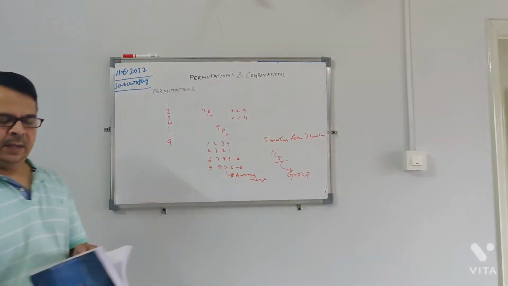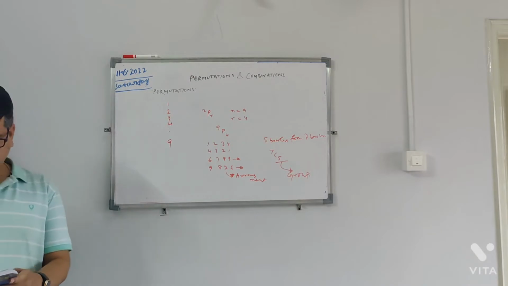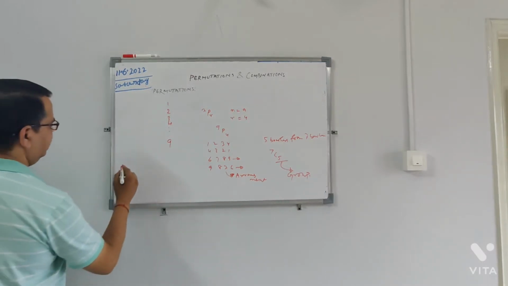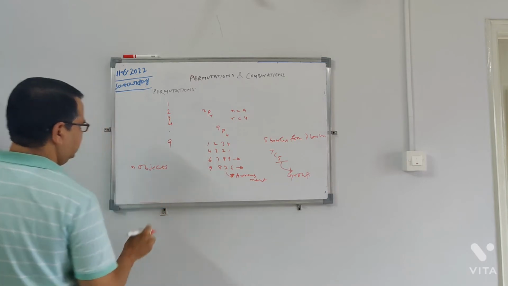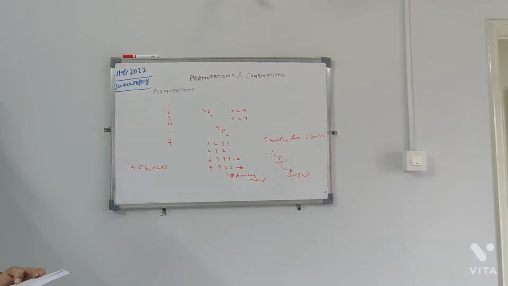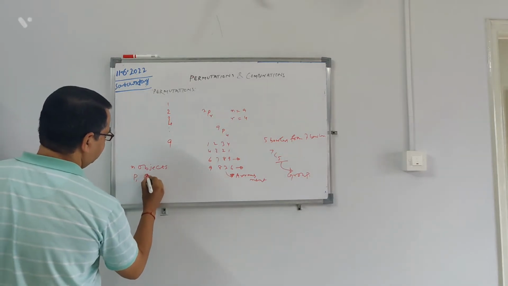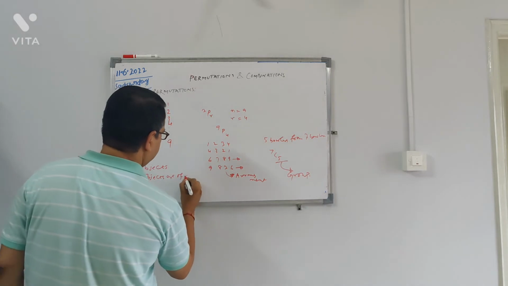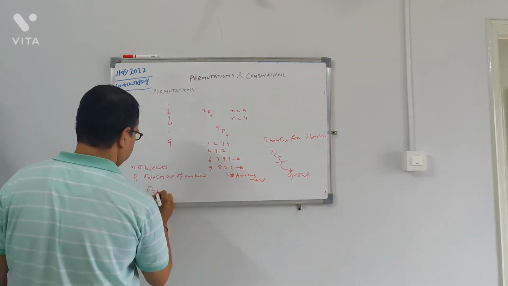One more important thing is the number of permutations of n objects where, let us say you have n objects, out of which p1 objects are of one kind, p2 objects are of another kind.